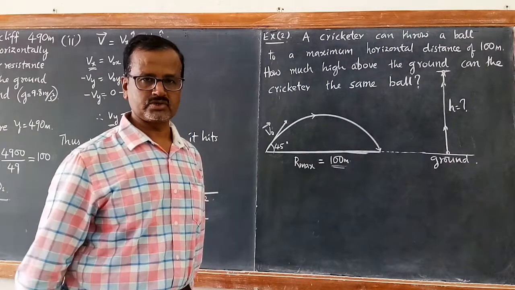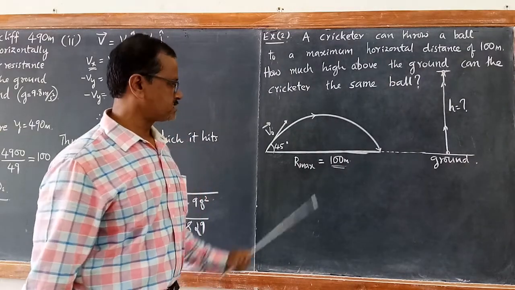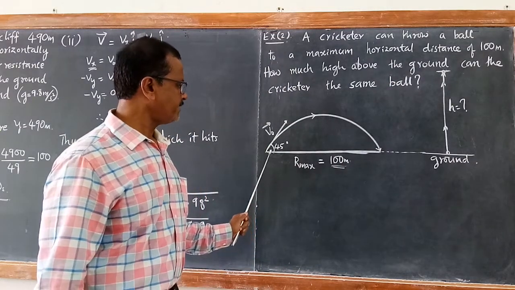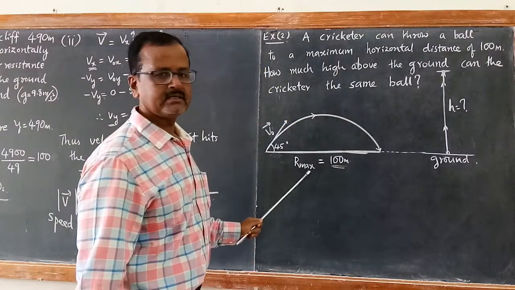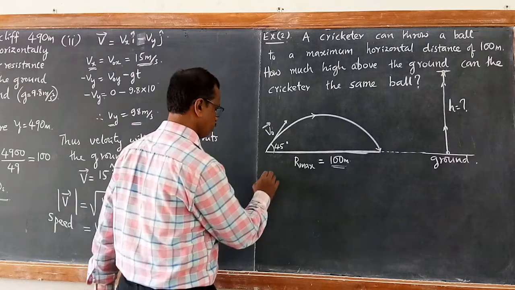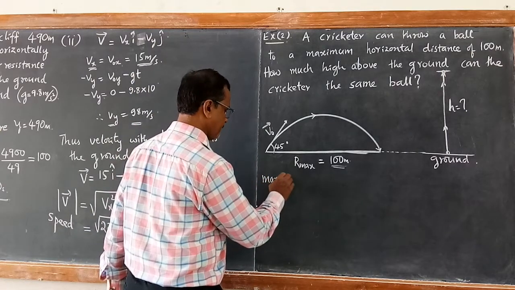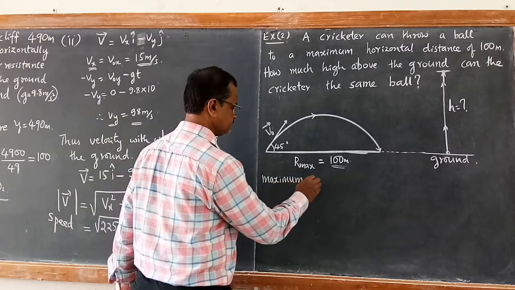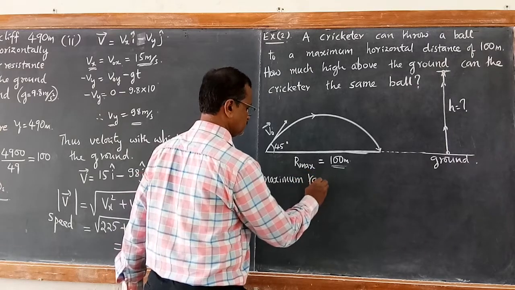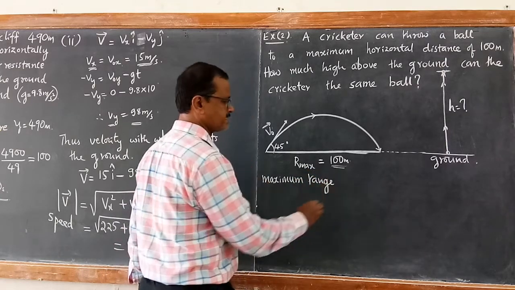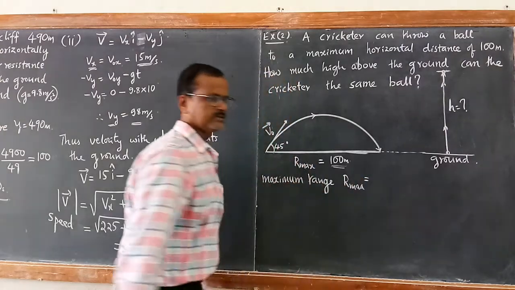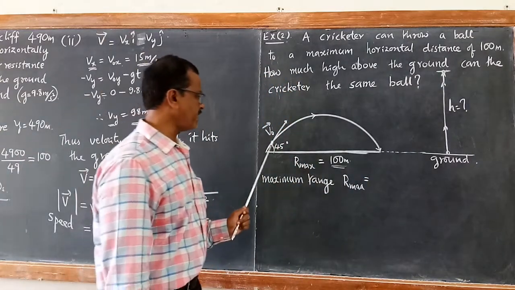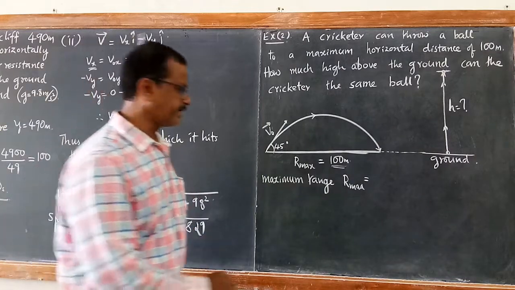This is the question. First, you should note that the maximum horizontal distance is nothing but the maximum range, R max. When will it be R max? When the angle of projection is 45 degree.